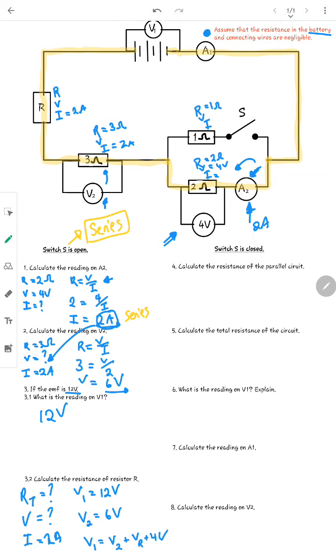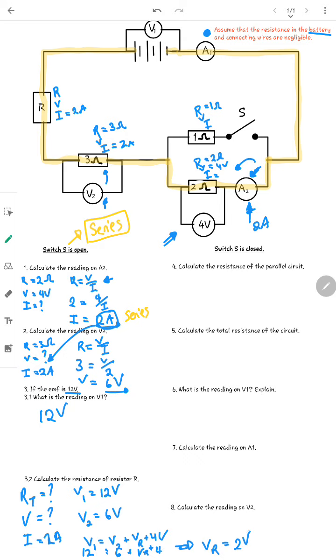Okay, now here I've got 12, here I've got 6, here I'm trying to find this value, and I've got 4. So what does that lead me to? It leads me to my potential difference across that resistor that I do not know is equal to 2 volts. Alright, so it's 12 minus 6 is 6 minus 4 is 2.